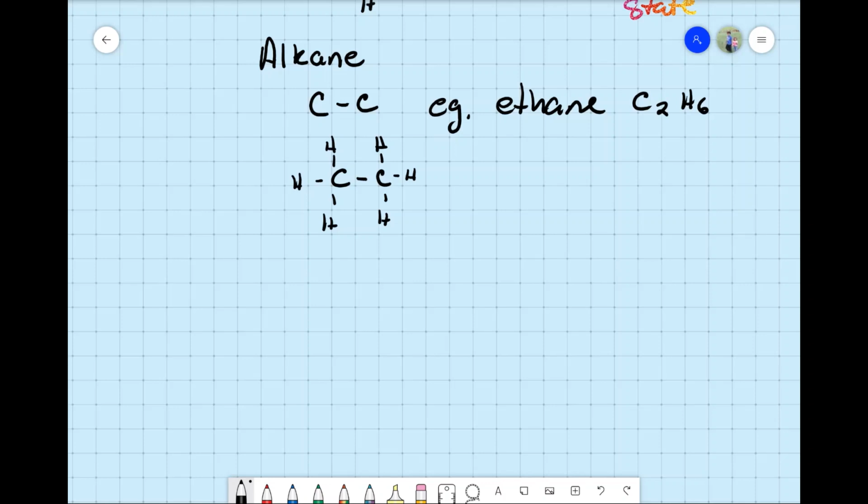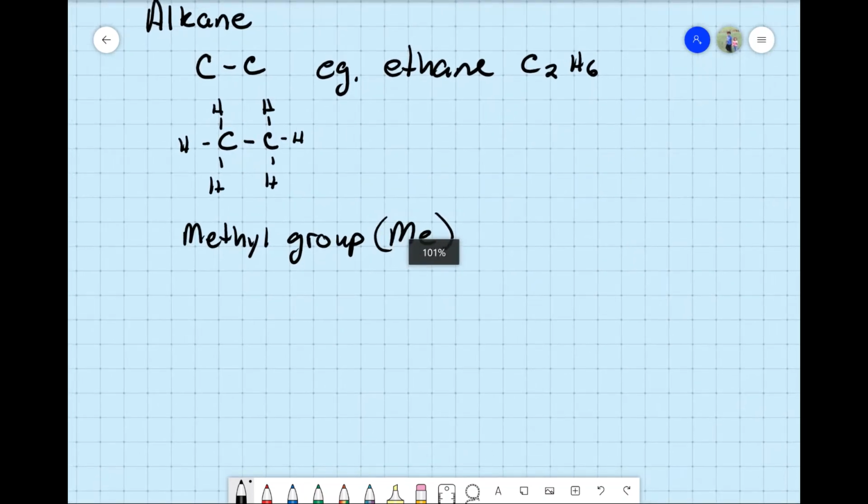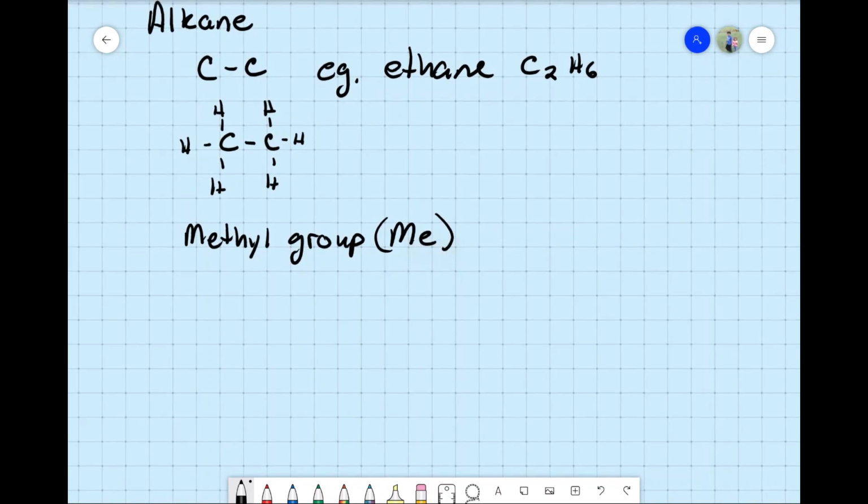Another example alkane is a methyl group. And that can be substituted by Me, methyl group. And that's a little bit different than ethane. It's CH3 with an empty bond here.